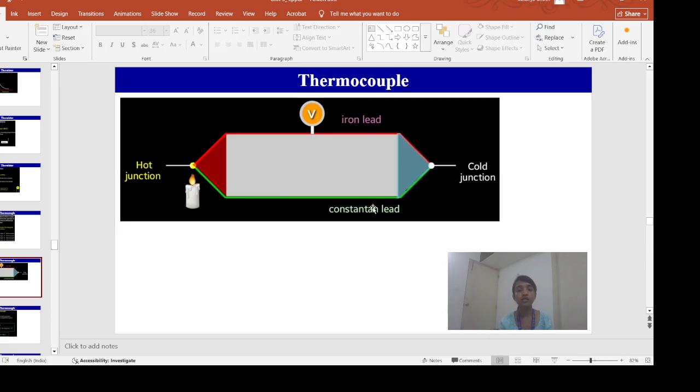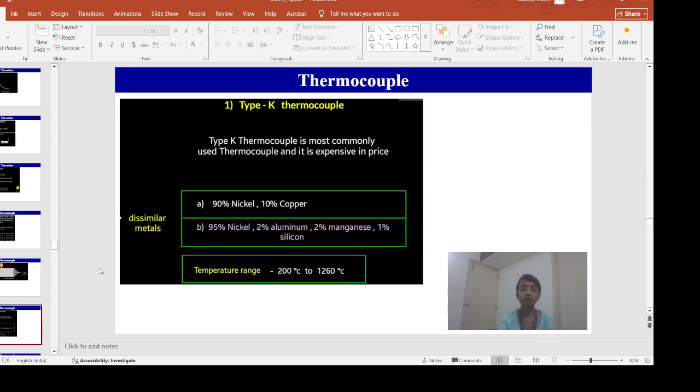So this is the Seebeck effect. What is Peltier effect? It is just opposite to the Seebeck effect. It tells that if we can create a voltage difference between these two junctions of two dissimilar materials, then there will be a temperature difference created between the two junctions. That is the Peltier effect.